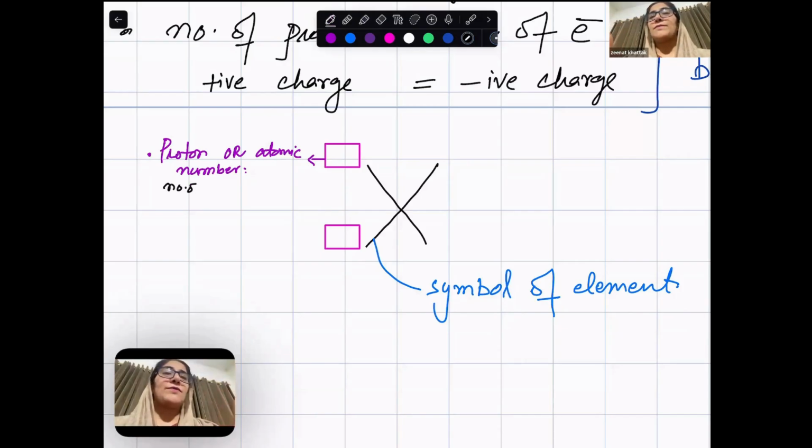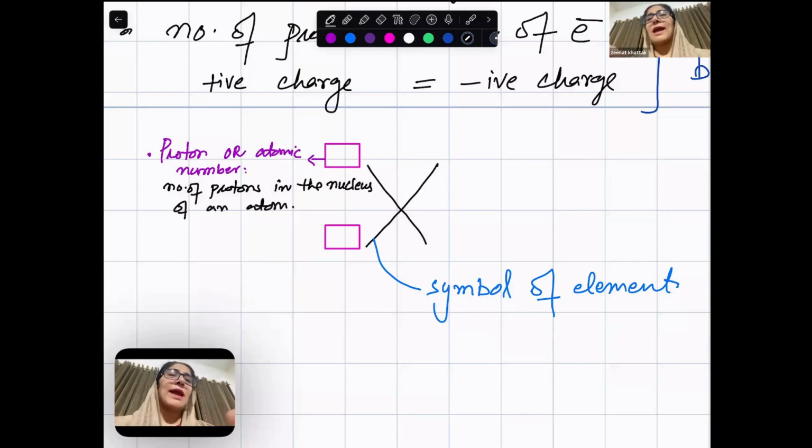It is the number of protons in the nucleus of an atom. This is the atomic number.